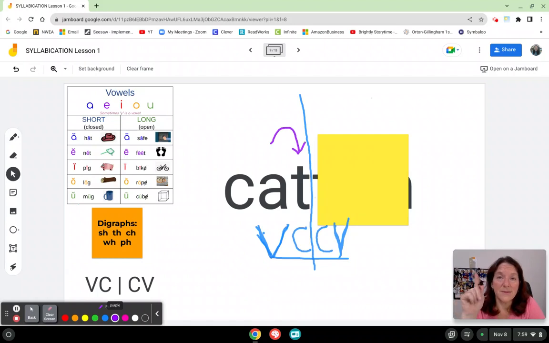That means it's blocking the vowel and it is closed, because there's a consonant after it. It is closed, so it makes a short A sound. So I'm going to make my short A. So that says k-at, cat. Go ahead and add that to your paper if you haven't.